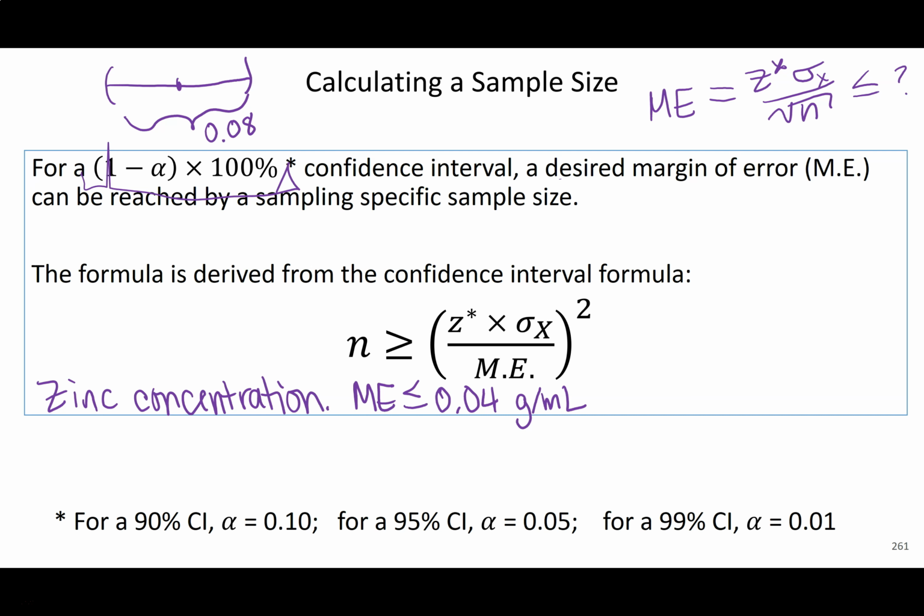And I want to stick with a 95% confidence interval, so z star is still going to be 1.96. All the values, this is from the river example, so sigma of x is still 0.3 grams per milliliter. And that's all we're going to need. So I want to figure out how big of a sample size I need.